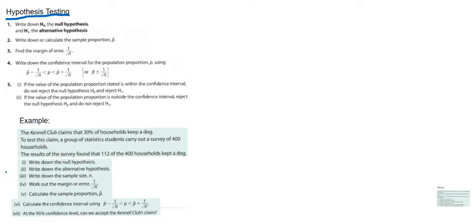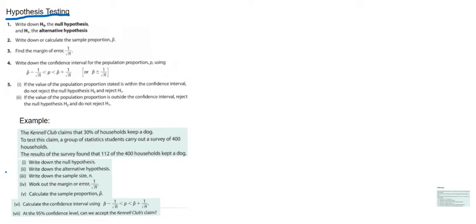Hypothesis testing anyway. So if we look at the steps here, we're going to write down H0. So H0 is the notation for a null hypothesis, so we'll go through what it means afterwards. And H1 is the alternative hypothesis. Then we're going to write down or calculate the sample proportion, so P with a little dash over it, that means sample proportion. So you should have seen that before. Then we're going to find the margin of error.